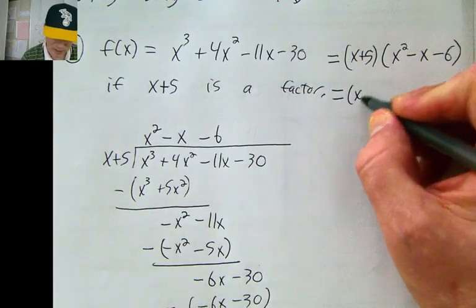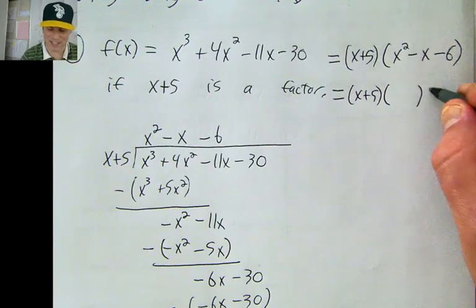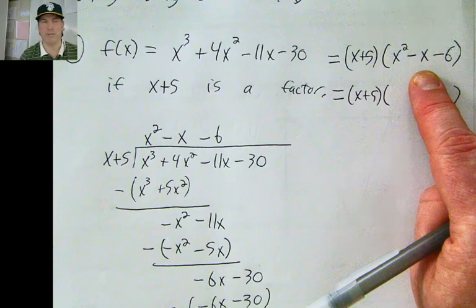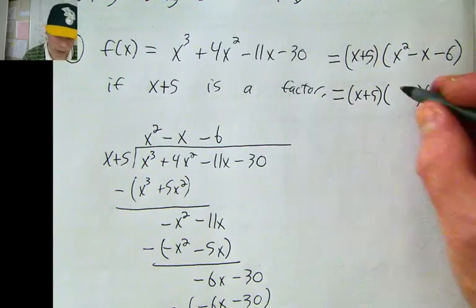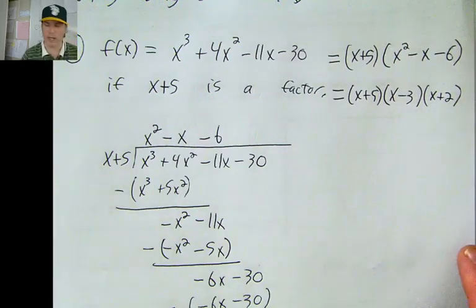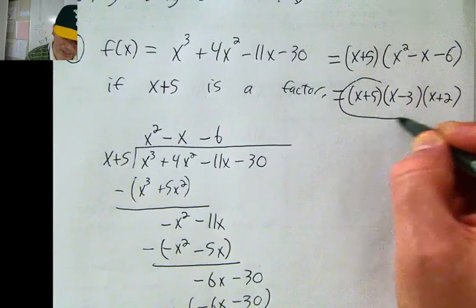So my final answer is going to be x plus 5, and then what multiplies to negative 6, yet adds up to negative 1? Negative 3 and positive 2. So x minus 3, x plus 2, and I have fully factored now. All right. And that's my answer.